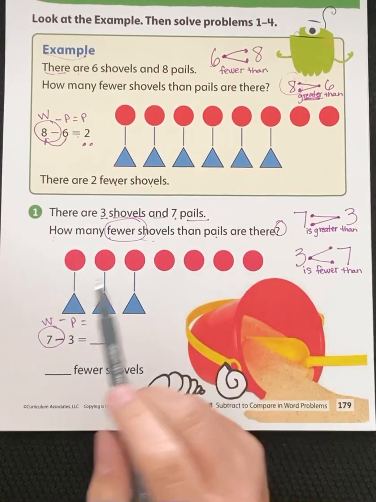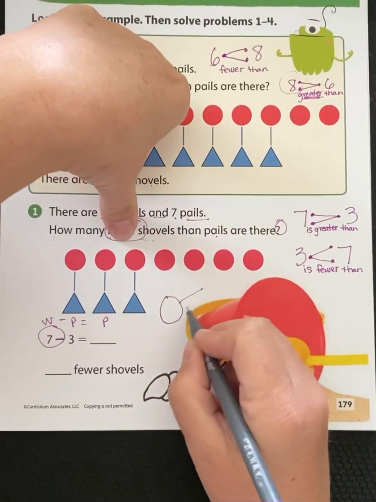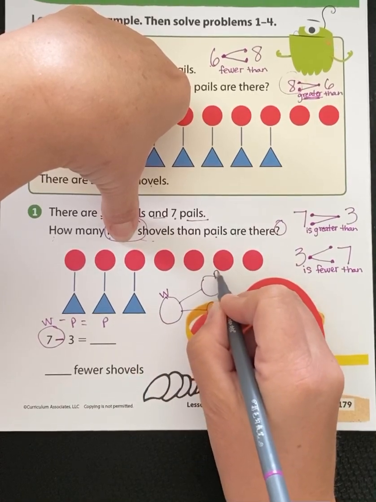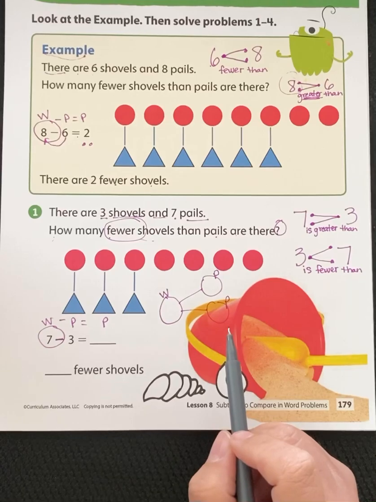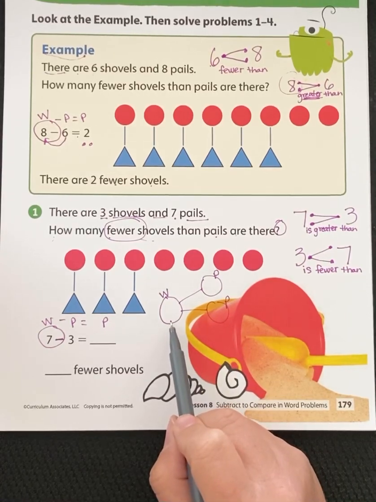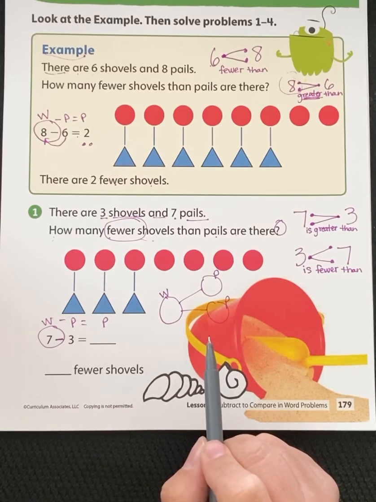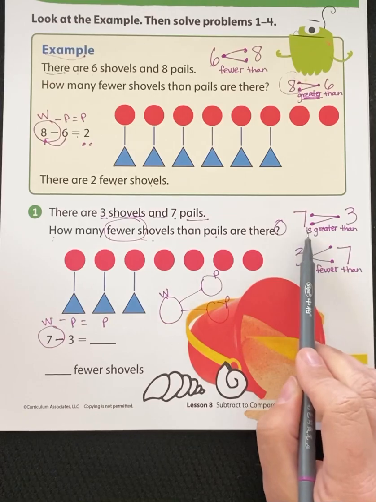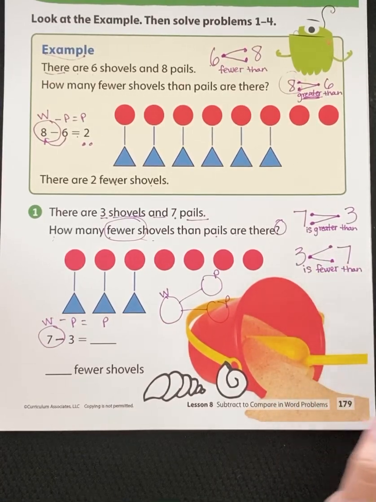Okay? And when I'm comparing, star, part, whole, in our number bond, whole, part, part. We always put the greater number in the whole when we're making the number bond and comparing. So which number is greater? 7 is greater than 3. 3 is fewer than 7.